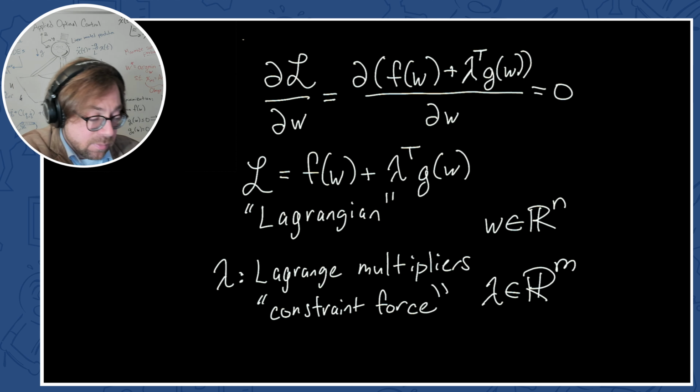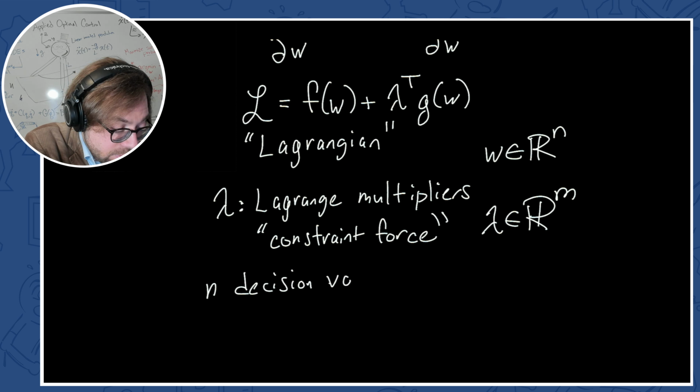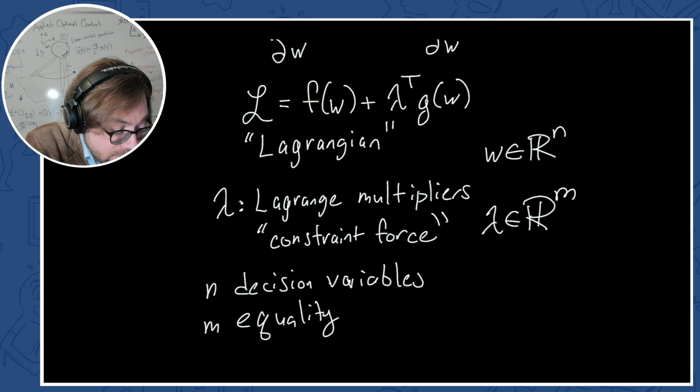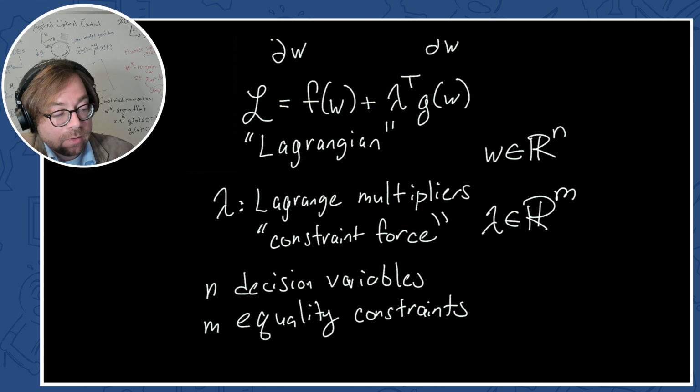There are n of them, where you have n decision variables, and m equality constraints. Okay? And they could be any number.